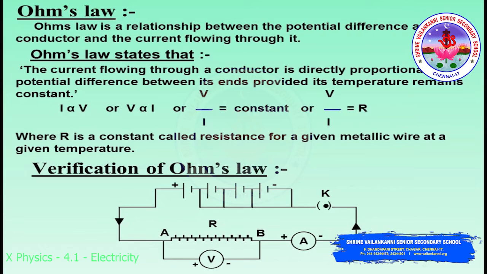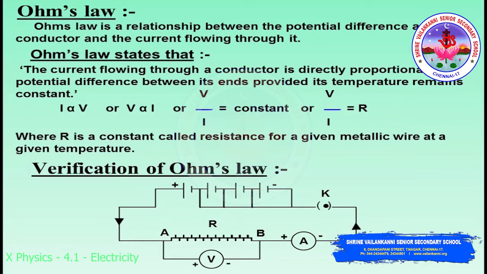See what Ohm's law says and how the potential difference and the current flowing through the conductor are connected, and what Ohm derived with the help of these things. Ohm's law is the relation between the potential difference across a conductor and the current flowing through it. It states that the current flowing through a conductor is directly proportional to the potential difference between its ends, provided its temperature remains constant.